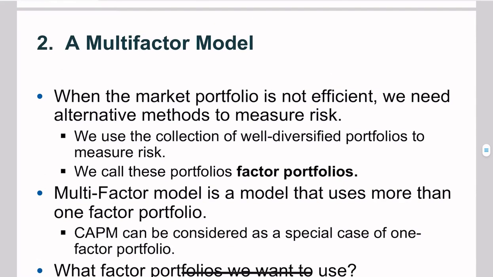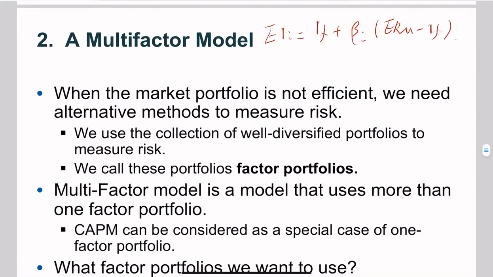Because CAPM basically says the expected return of stock i equals the risk-free rate plus beta times the market risk premium. This is essentially a one factor model, right? So the one factor you're using here is this excess return of the market portfolio, right? So this is the one factor you're using.